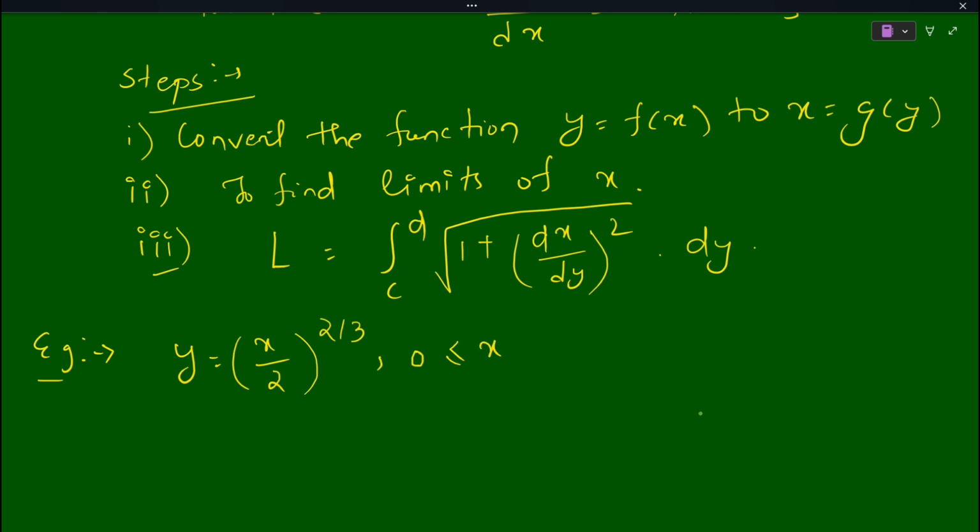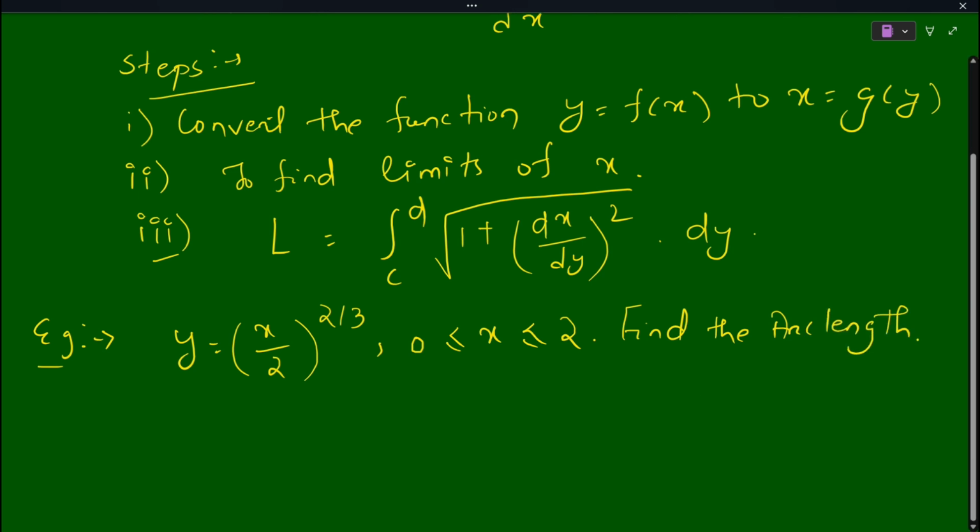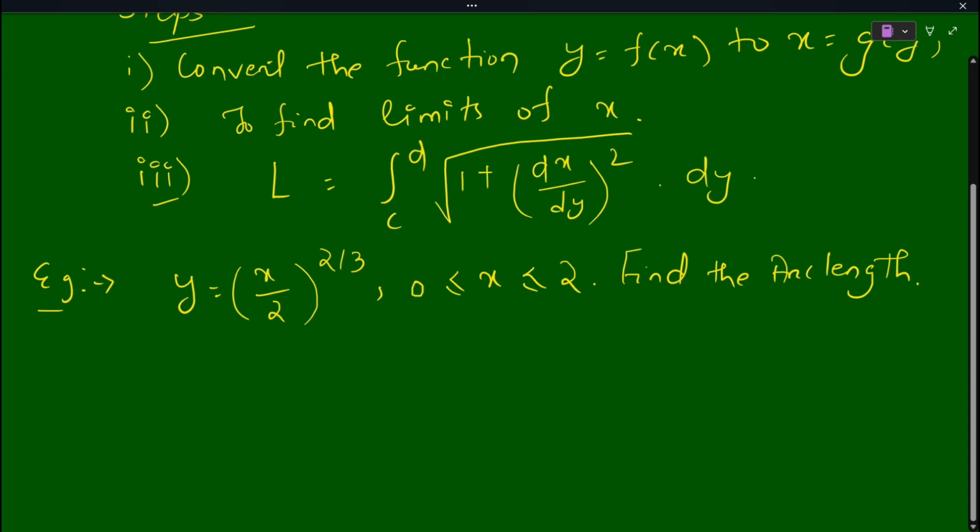We have to find the arc length. First step, we have to check if this function is a smooth curve or not. If it is a smooth curve, then we can use the method 1 formula, which is L equal to the integral from a to b of the square root of 1 plus (dy by dx) whole square into dx. So first, let's check whether it is a smooth curve or not.